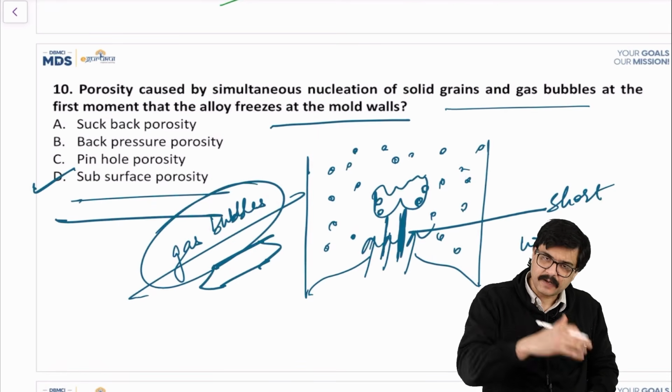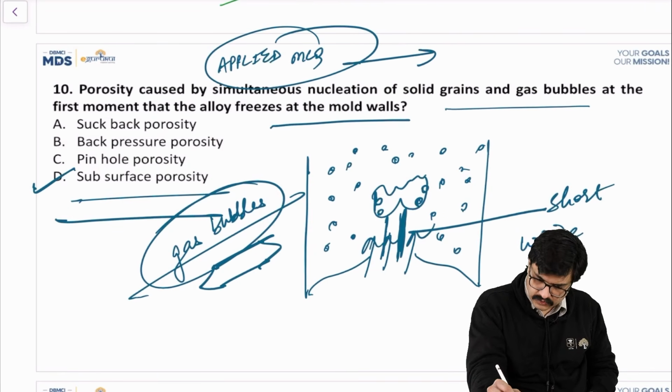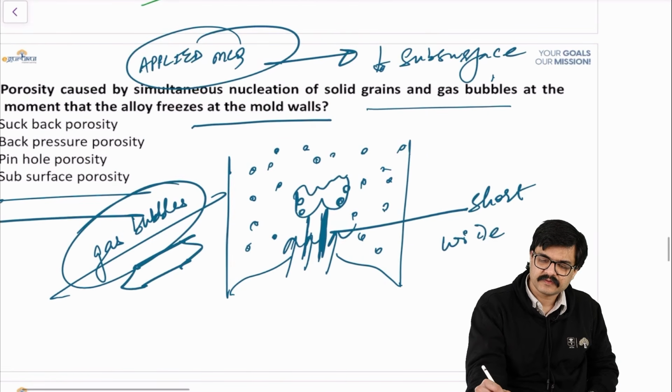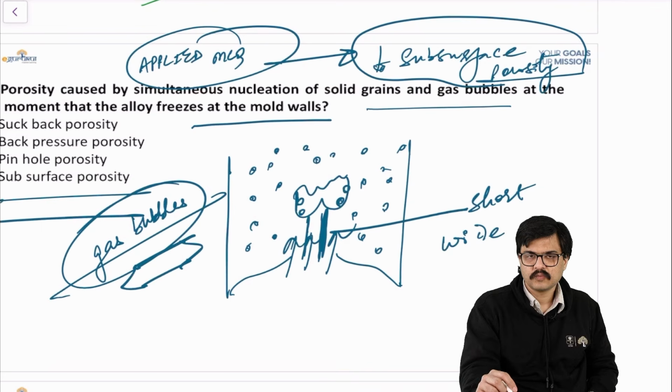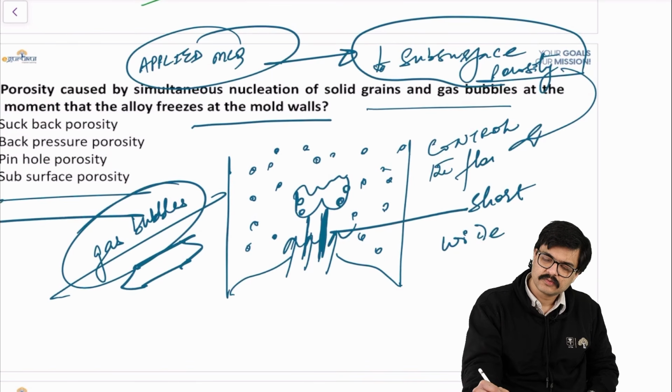So the other applied MCQ that can come is that in order to reduce the incidence of subsurface porosity, guys, what you can do is control the flow of molten alloy.